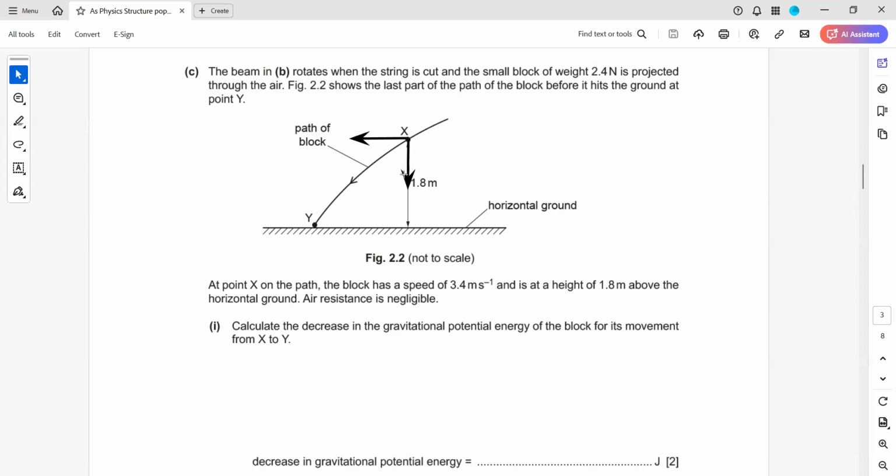Only in the vertical plane there's acceleration, and that is due to gravity. So we'll mention here that the acceleration will be constant, downward, and there's no change in the acceleration, because we ignore any air resistance. That's why the horizontal component remains constant and the acceleration remains due to gravity.